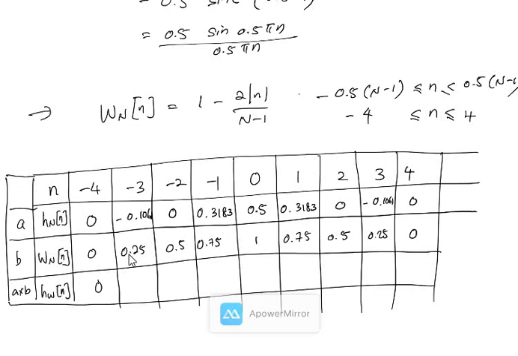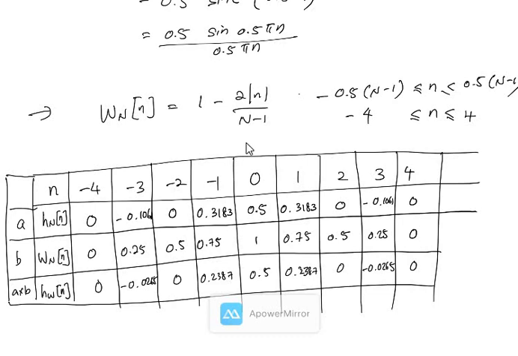This one you get negative 0.0265. This one you get 0. This one you get 0.2387. This one you get 0.5. This one you get 0.2387. This one you get 0. This one you get negative 0.0265. And this one you get 0 also.